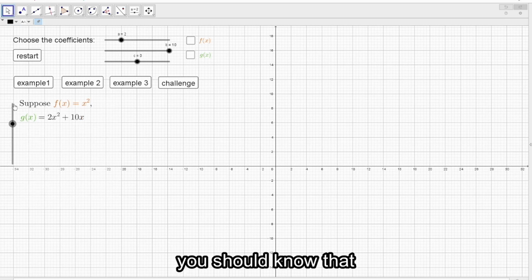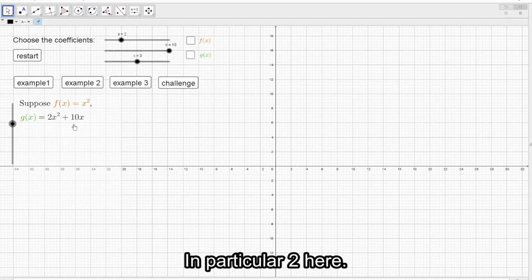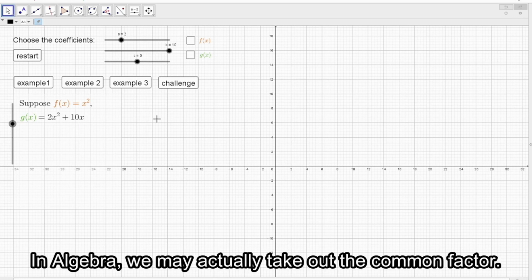You should know that we would separate the whole expression into pieces, in particular 2 here. In algebra, we may actually take out the common factor.